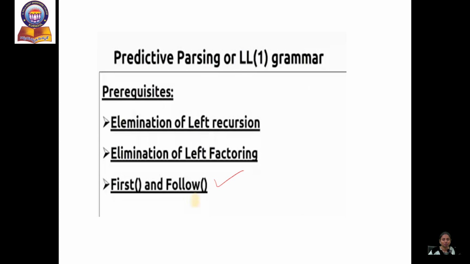So before explaining how the predictive parser is done, first I have to explain how the first and follow functions are calculated for the given grammar. From the obtained result, we can apply the predictive parsing method. So in a session, I'll explain how to get the first and follow functions of a given grammar.